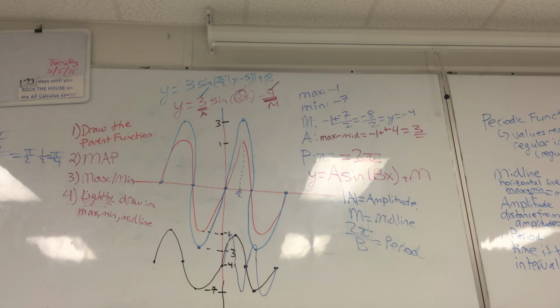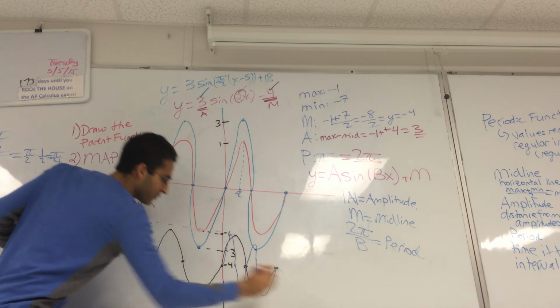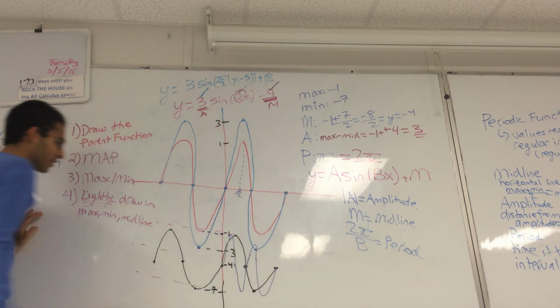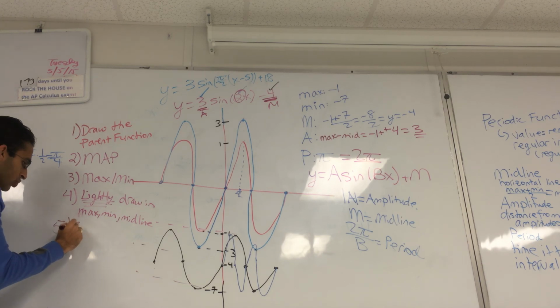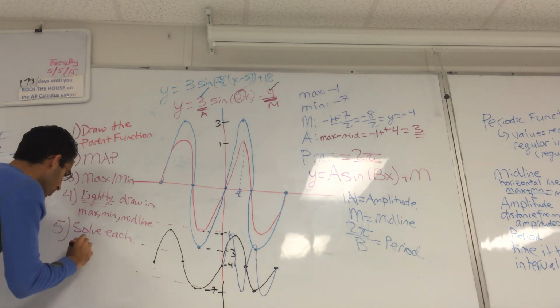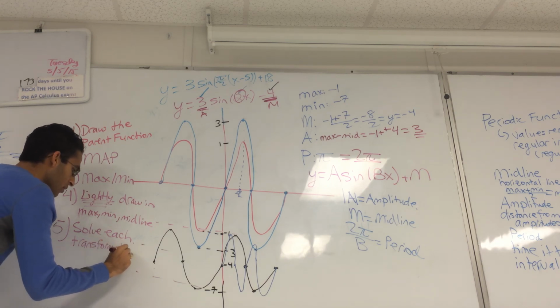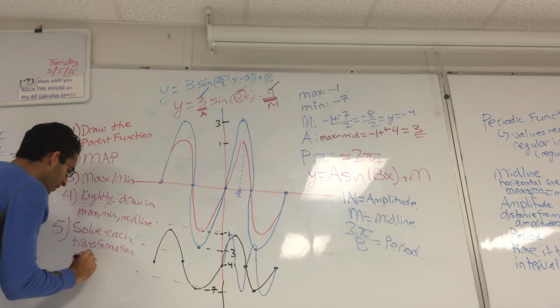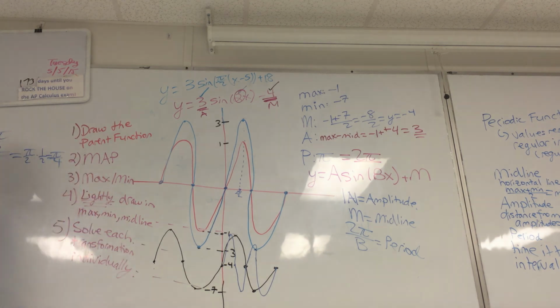Lightly draw in the highest point, so I would have lightly drawn in -1, lightly drawn in -7, and drawn the midline at -4. And then 5, solve each transformation individually. Okay, got to follow it in this pattern.